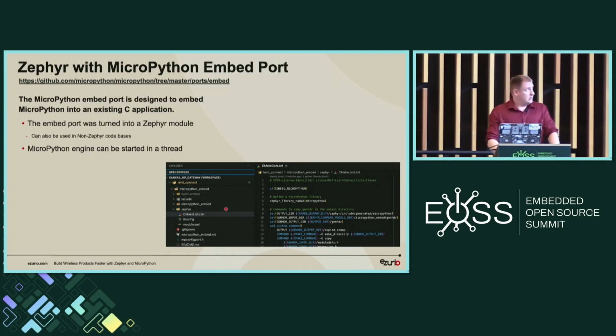We were able to do this because MicroPython has what they call an embed port. The embed port is designed to embed MicroPython in any other existing C application. So we use this to our advantage because we were able to then turn that embed port into a Zephyr module. Also, in case you don't have Zephyr, it will work as well.